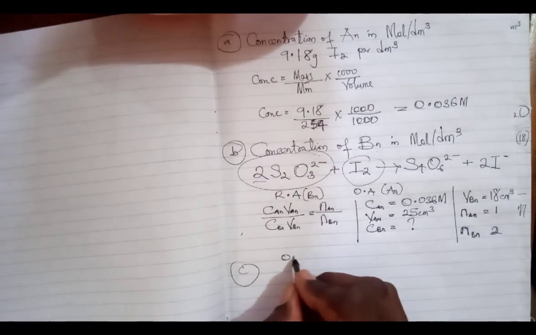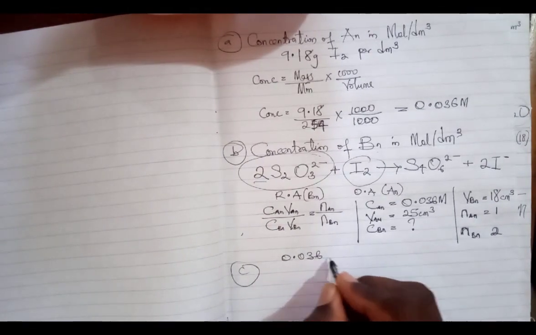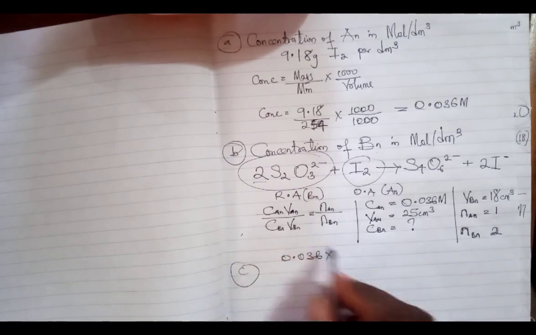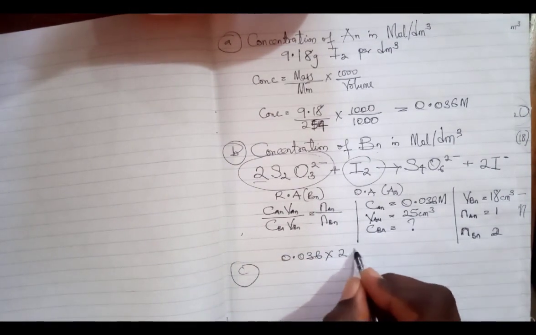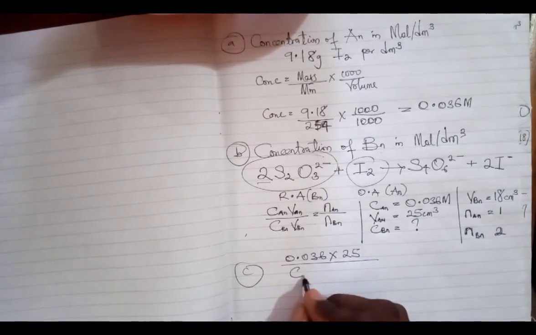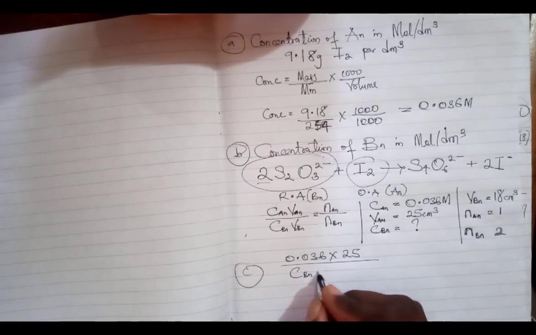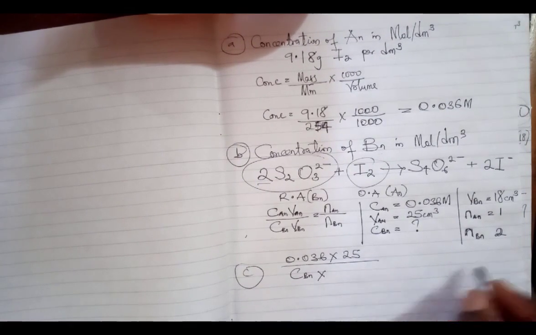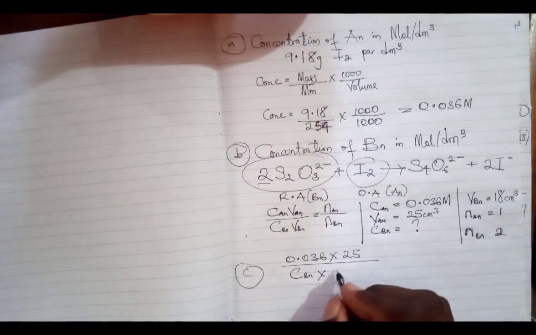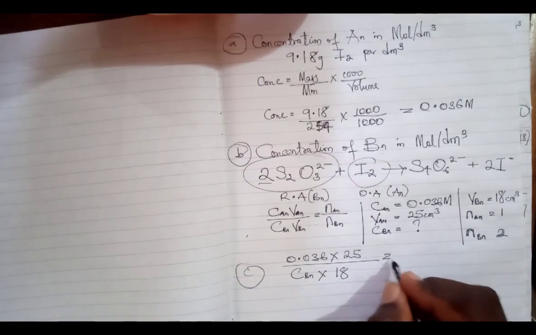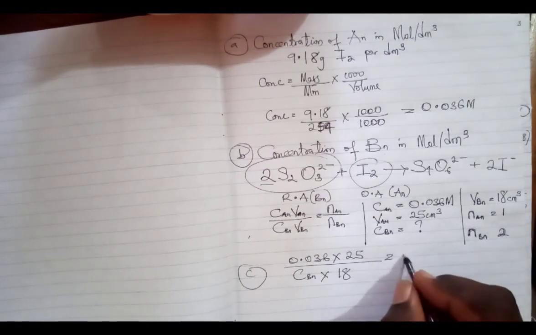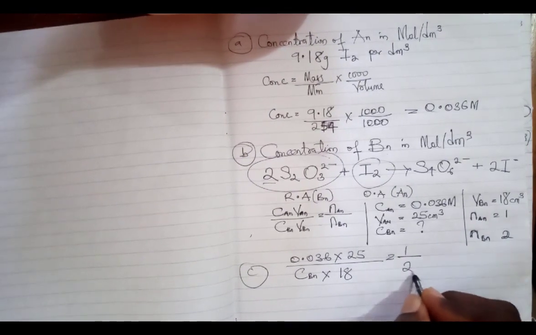CAN is 0.036 times VAN is 25 all over CBN, which is what we are looking for, times VBN, which is 18, equal to NAN, which is 1 all over 2.